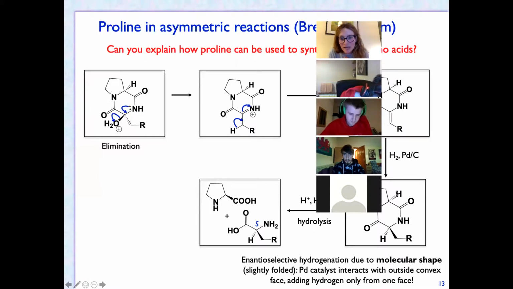It is slightly folded, so the Pd catalyst has to interact with the outside surface, adding the hydrogen only from one face. So we have an enantioselective hydrogenation. And from here we just hydrolyze our proline and we get our S amino acid.